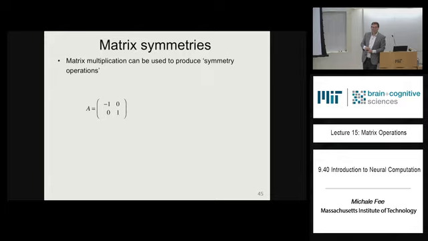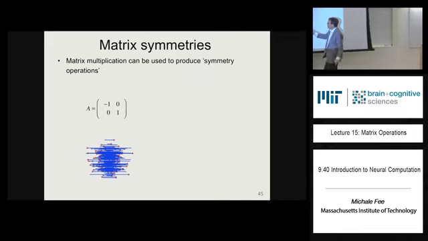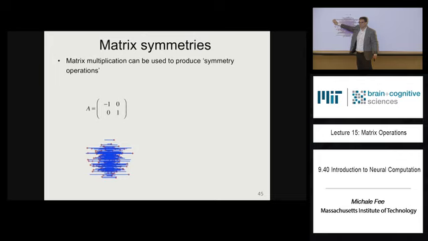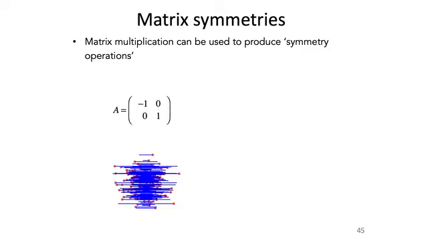Yeah, it's called a mirror reflection. Okay, so every point that's on this side of the origin gets reflected over to this side, and every point that's on this side of the y-axis gets reflected over to this side. Okay, so that's called a mirror reflection.